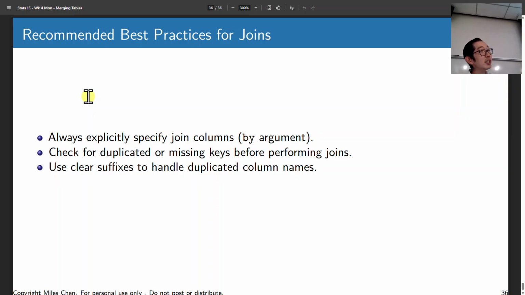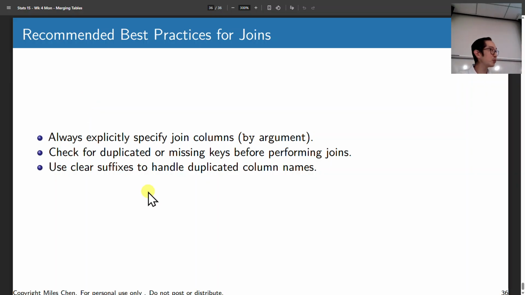It also makes it easier to read later, because if you step away from your project and come back 2 weeks later, you're not going to remember the contents of every single table. But by having a by statement and seeing which columns are being joined, that gives you an idea of how it goes.